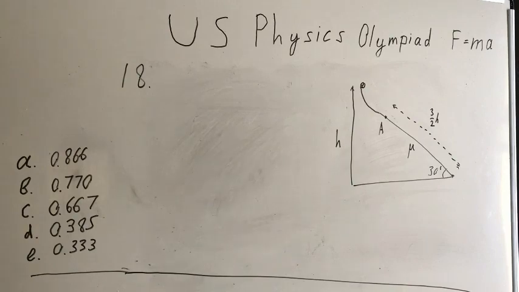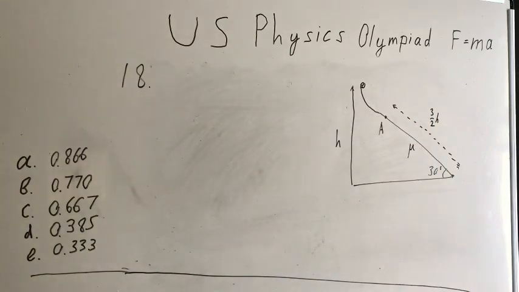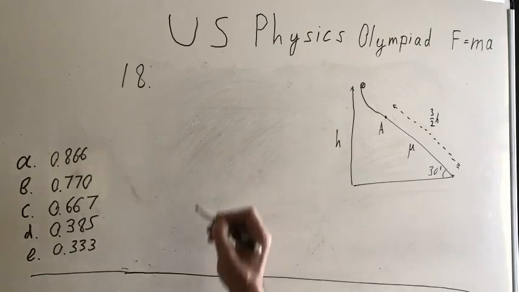In this problem, the best way is to use the work energy theorem. It means that our potential energy initially goes into kinetic energy for this chunk, but because it comes to rest in the end, all this energy will be spent on the work of the force of friction. So we just need to write this equation.